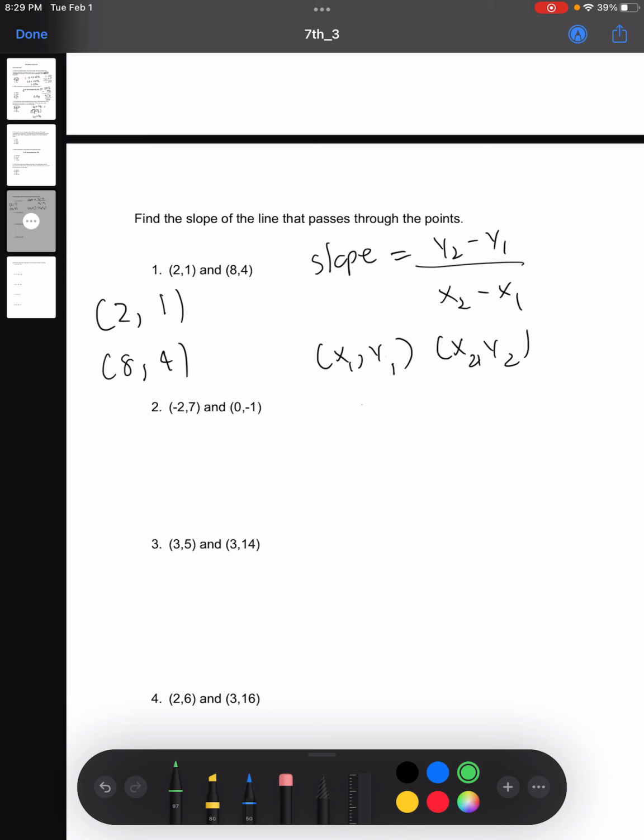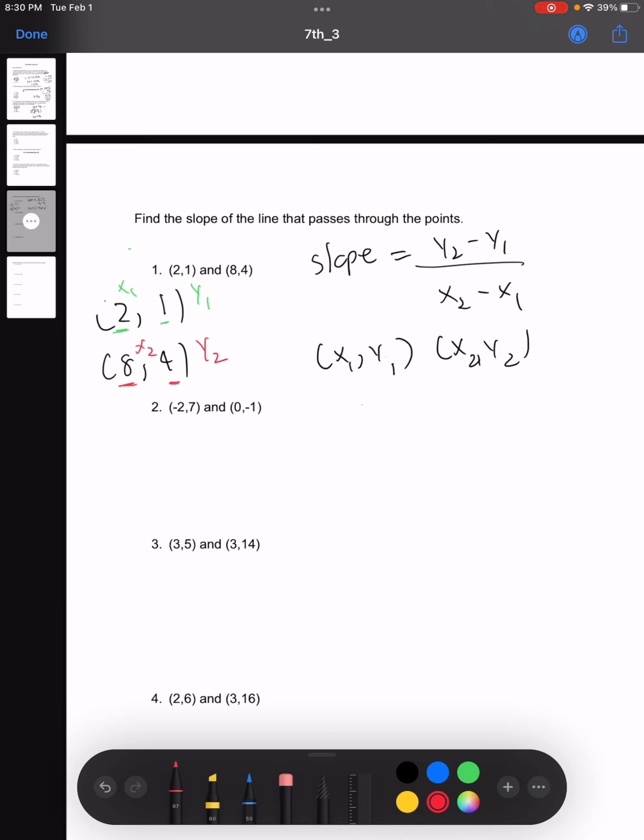If we call this one coordinate number 1, we want to find what the x1 is, which is just going to be the x value. So we know that 2 in this case would be x1. The y value would be y1, and for the second coordinate, the x value would just be x2, and the y value would be y2.